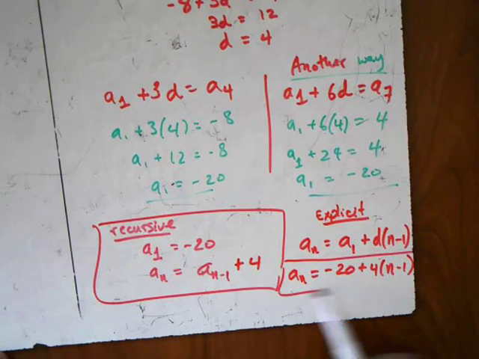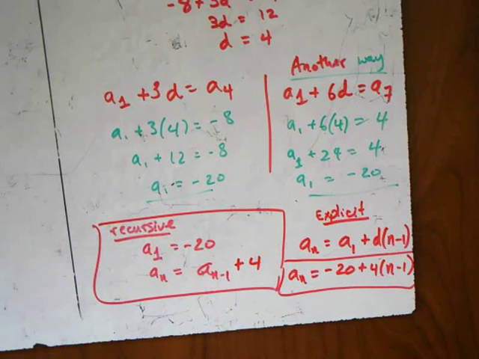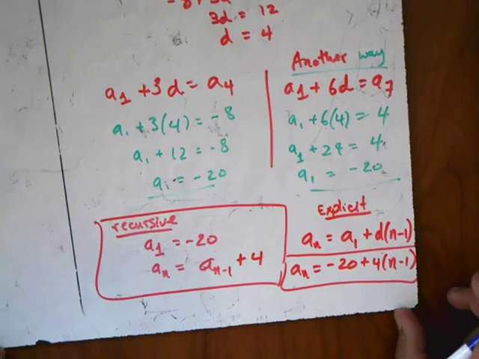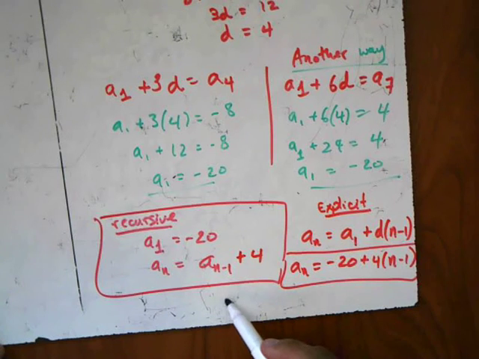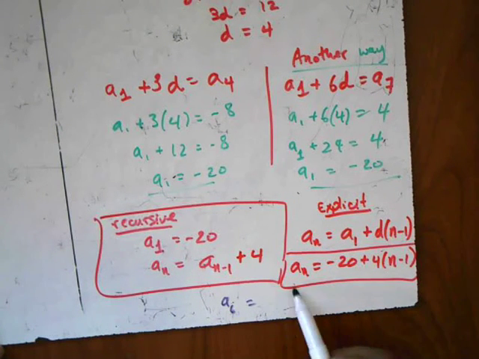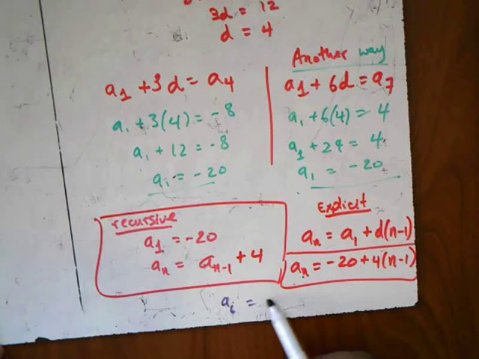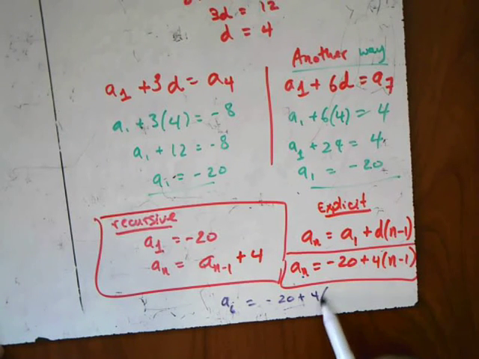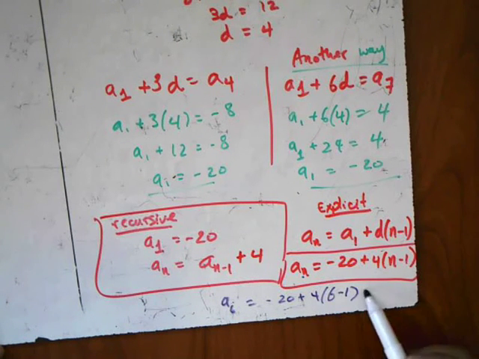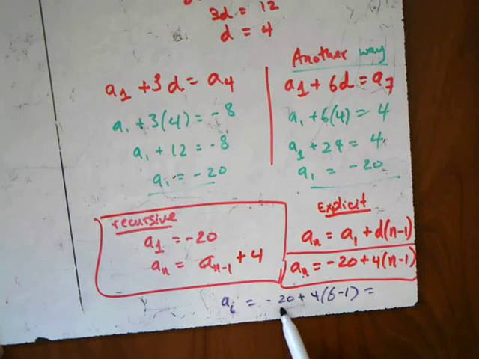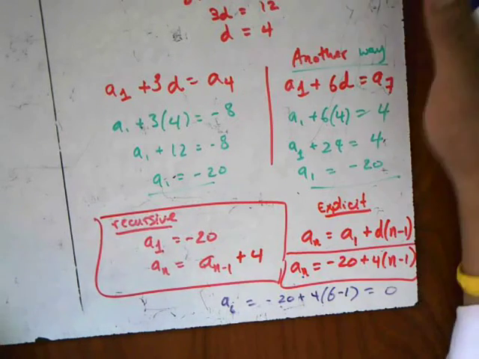One of the things you can do is check, and it's worthwhile to do some of these early on just to convince yourself if you ever doubt yourself. So try a6. Does that work? Well, n is equal to 6, so negative 20 plus 4 times 6 minus 1, that's negative 20 plus 20, which is 0, which is in fact what we have up here.